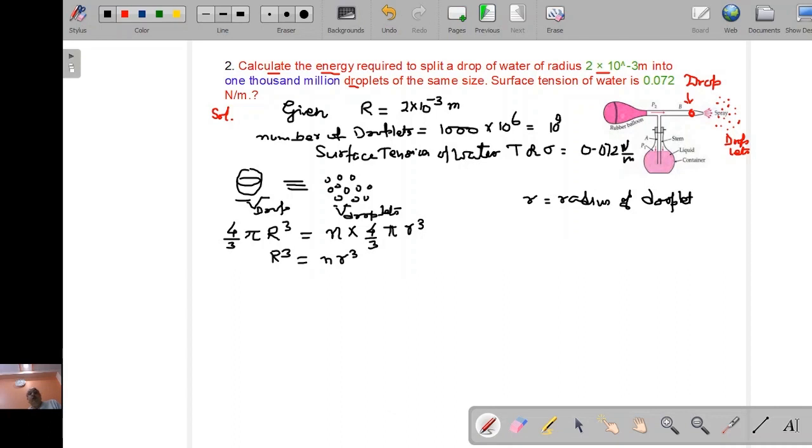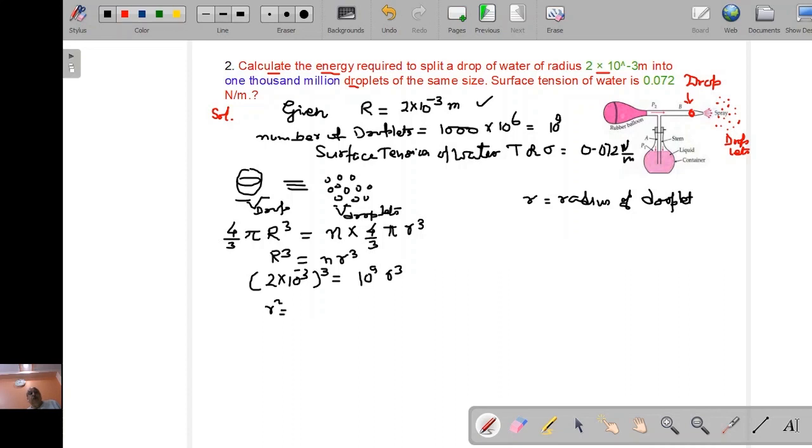The value of R is given as 2 into 10 to the power minus 3. So 2 into 10 to the power minus 3, whole cube, is equal to n, the number of droplets, that is 10 to the power 9, into small r cube. So we are able to find out the radius of droplets by this equation.